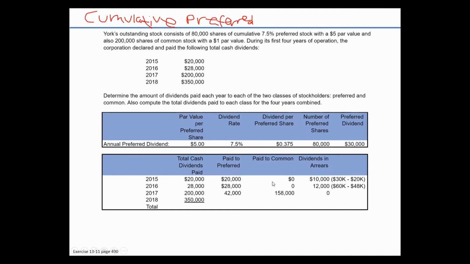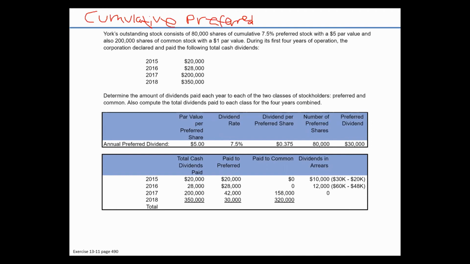Then in 2018, we had a total cash dividend declared of 350,000. This time, our preferred stockholders would get 30,000 of that because that's the amount they're due. Our common stockholders would get the remainder, which is 320,000.